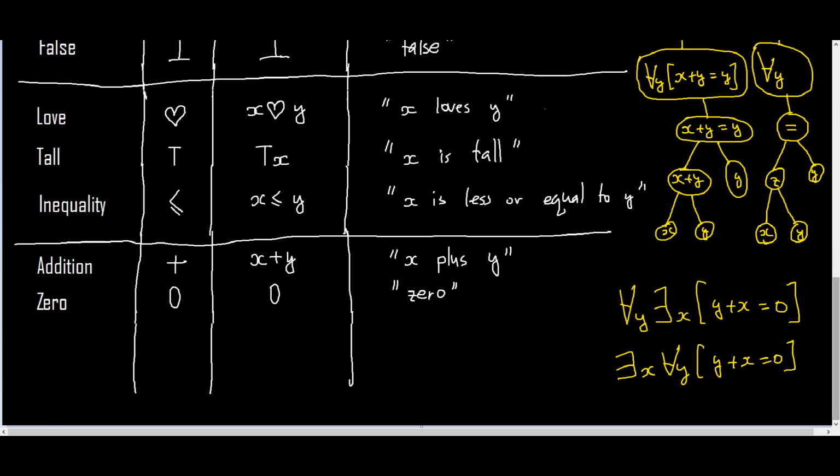I mean, in a way, we also encounter this phenomenon in arithmetic. Imagine you have x plus y less than or equal to z plus t, right? And so when you try to read the logical meaning of this, you would first pay attention to less than or equal before you pay attention to plus.